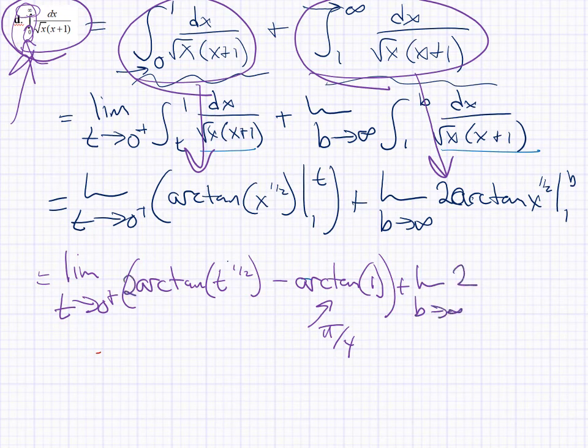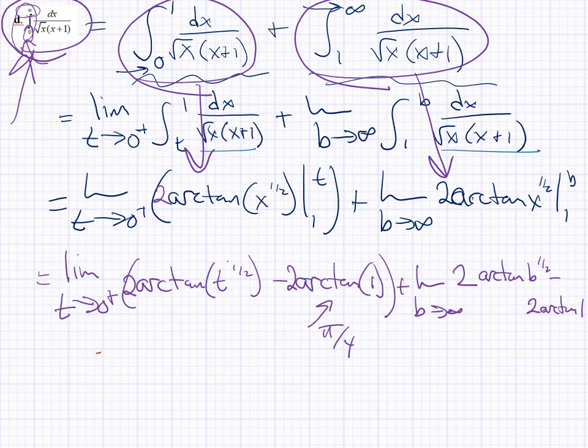I missed a 2 somewhere along the way over here. That's important. I need that 2. So I'm going to have a 2 there and there. 2 arctan of b to the 1/2 minus, right here, 2 arctan of 1. Okay?